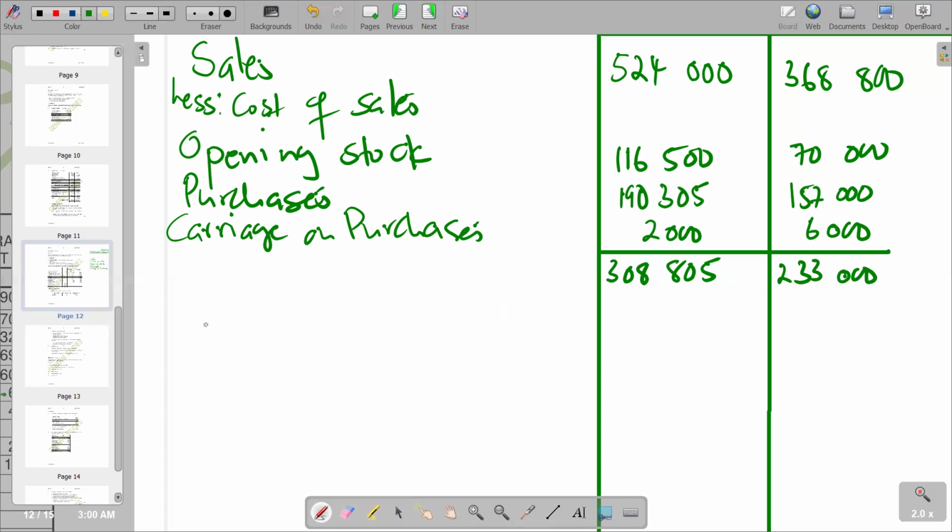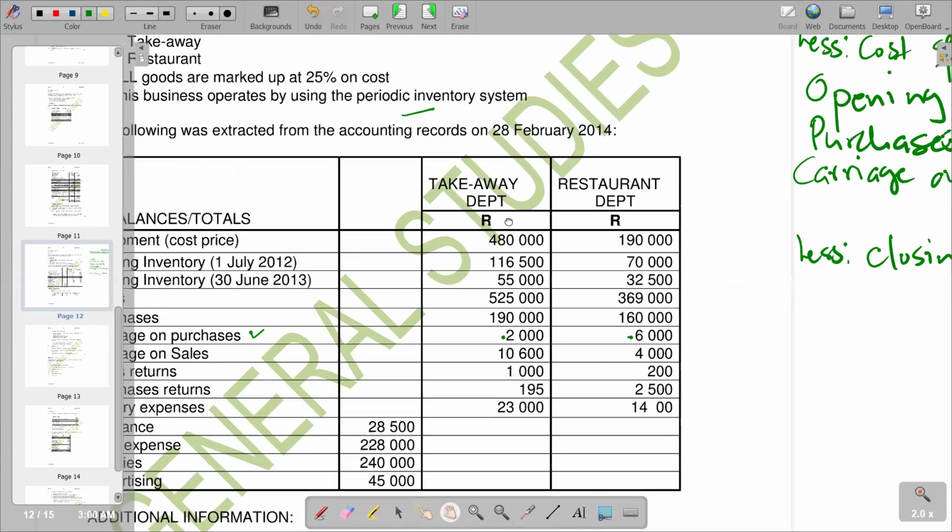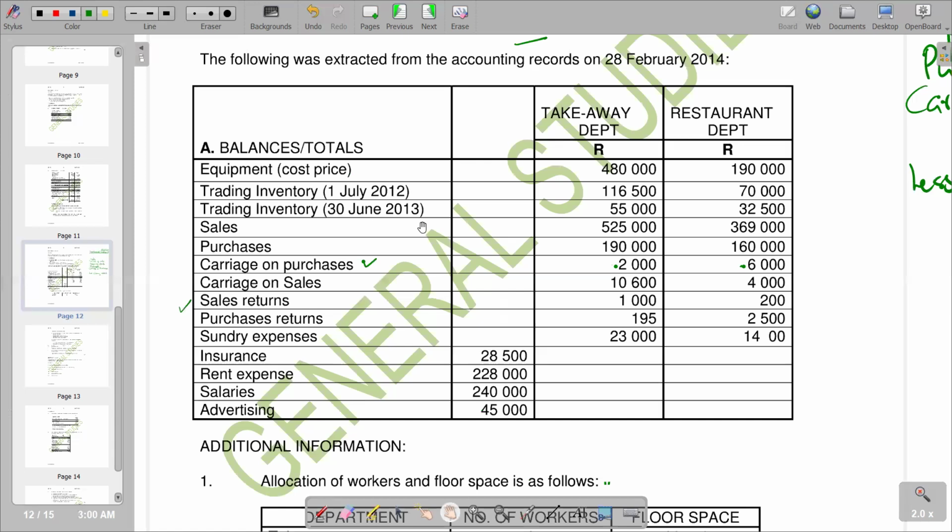And from there, finally, you're supposed to subtract, or say less, your closing stock. So we go to the information that we're given. Obviously, we have our closing stock balances, whereby on the closing date the closing stock balances were 55,000 for takeaway, and then we've got 32,500 for restaurant department.